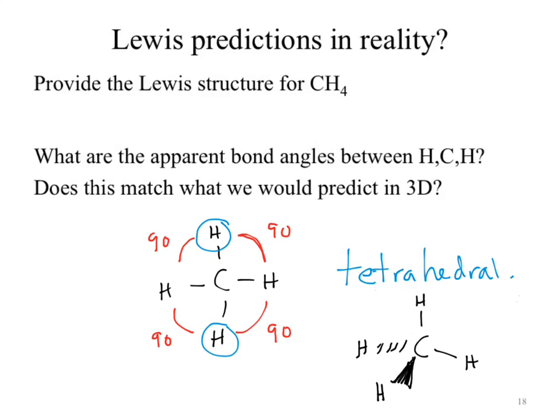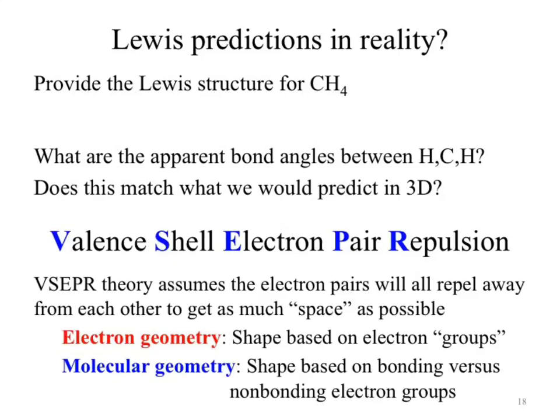What type of electrons are we repelling? The valence electrons. So what we're looking at is the valence shell electron pair repulsion theory. How do those electrons push against each other to force the shapes of our overall molecules?